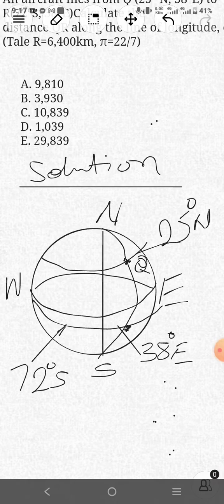So this is point R. It is this distance QR we are going to calculate.